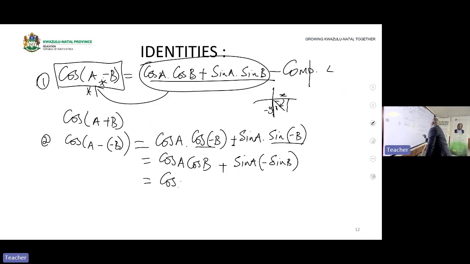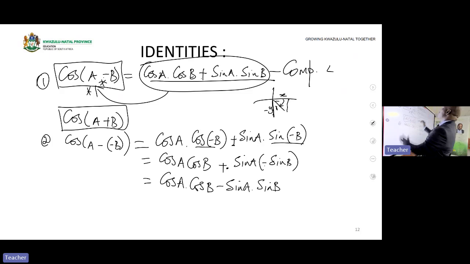This will be cos of A times cos of B. Positive times negative will be negative. Negative sine of A times sine of B. What does it mean to us? If you see cos of A plus B, you don't see cos of A plus B. You see cos A times cos B minus sine A sine B.